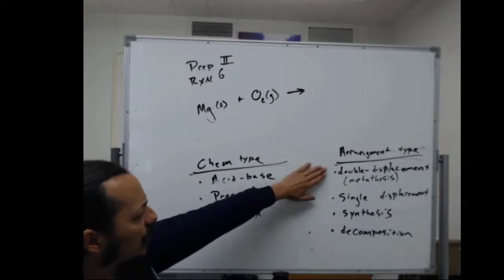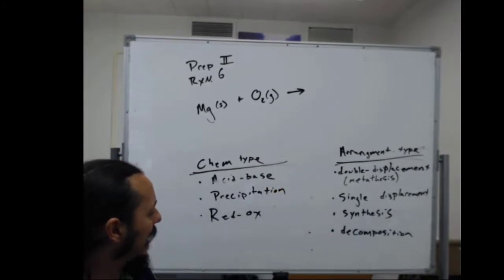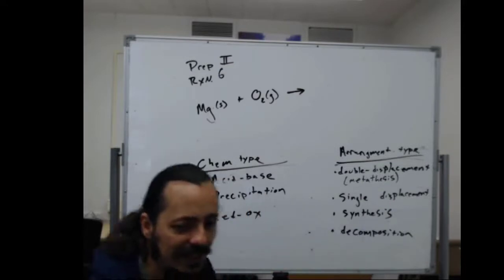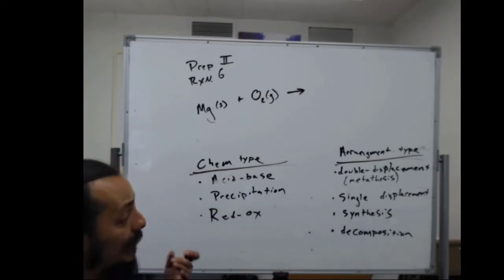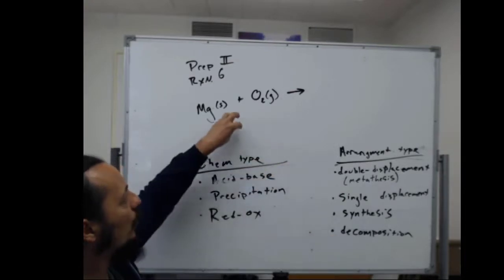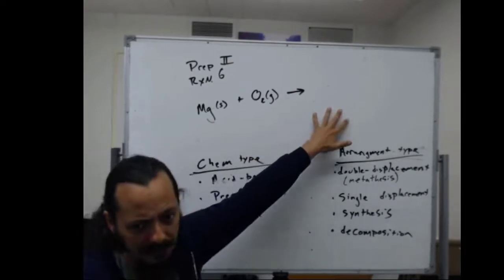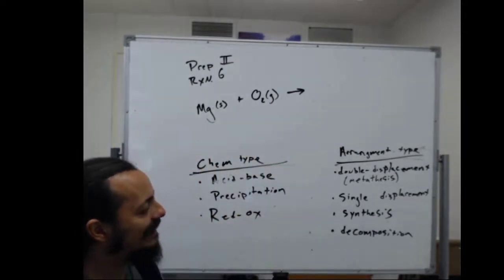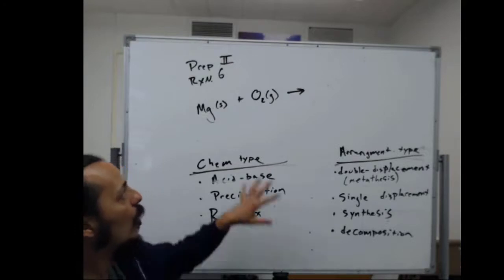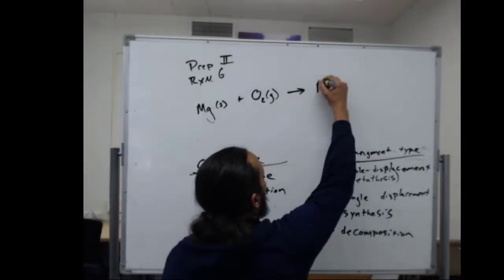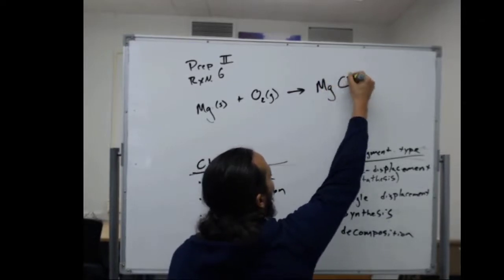I'm just going down my list of arrangement types, because that's how we rearrange the elements in the reaction rather than what's chemically happening. Now, a decomposition is when you go from one thing to 2 products. And we've got 2 things, so it's not a decomposition. So I'm going to guess that this is a synthesis reaction where we've got 2 things going to 1 product. So I'm going to go ahead and make this magnesium oxide.